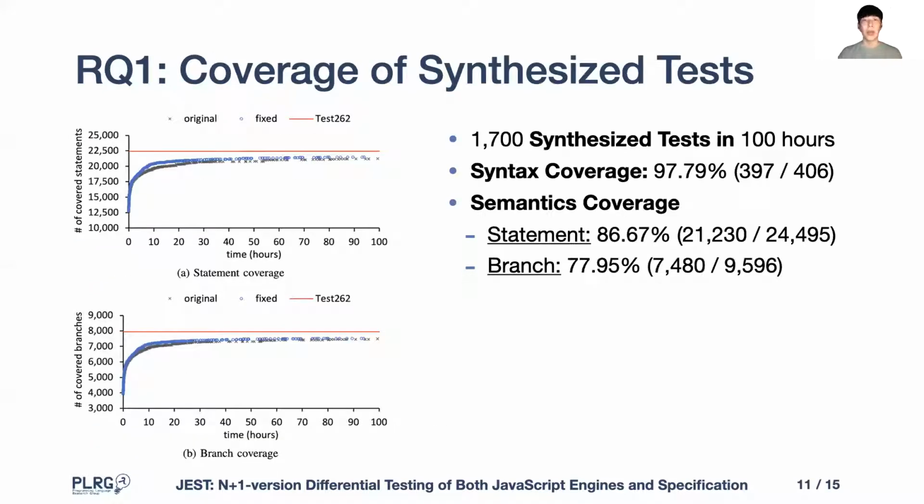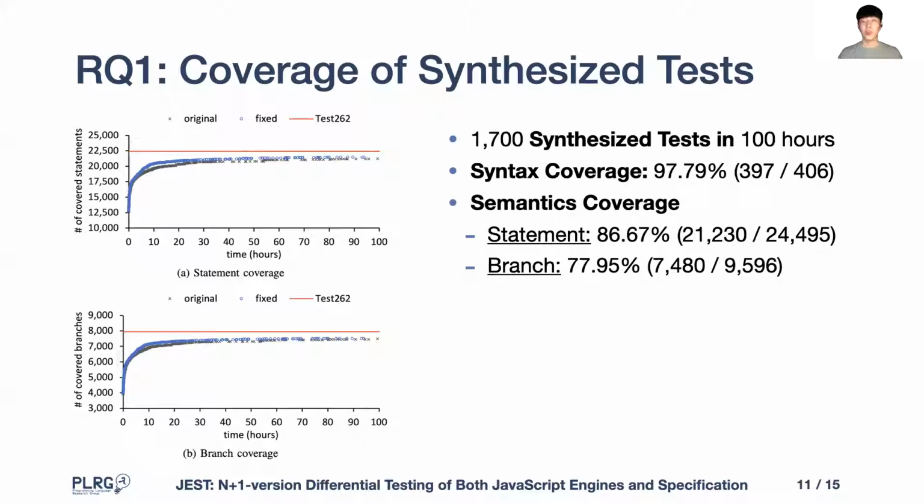We first measure the syntax and semantics coverage by the 1700 tests synthesized by JEST in 100 hours. They have almost 98% of syntax coverage and 87% and 78% of semantics coverage for statements and branches in abstract algorithms, respectively.